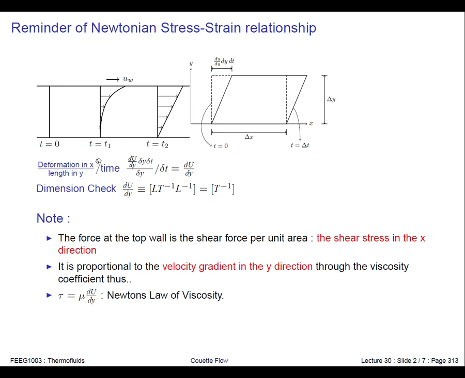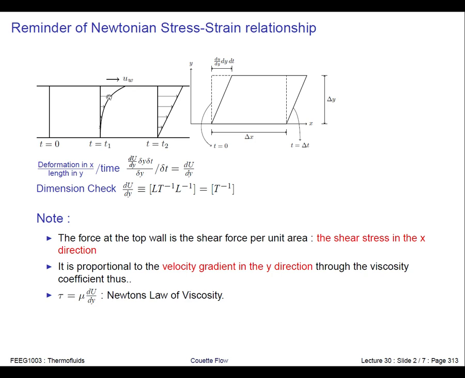And then at time t1, the fluid starts moving, and because of the no slip boundary, the fluid next to the wall starts moving with the same velocity as the wall.